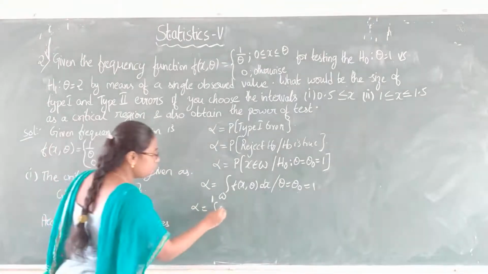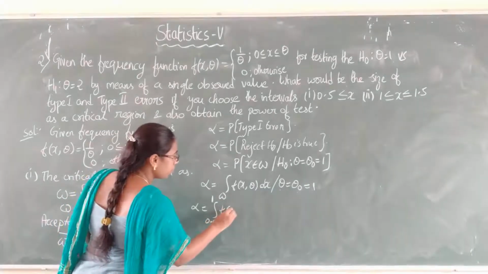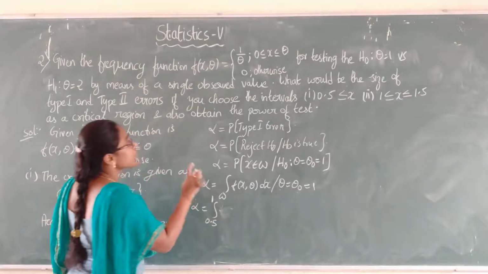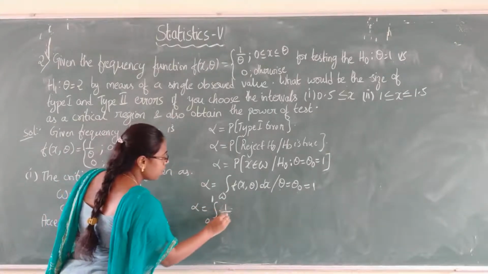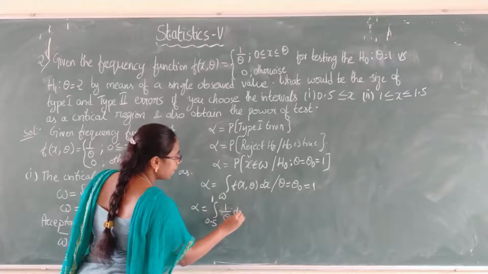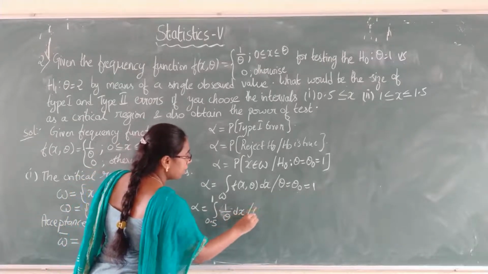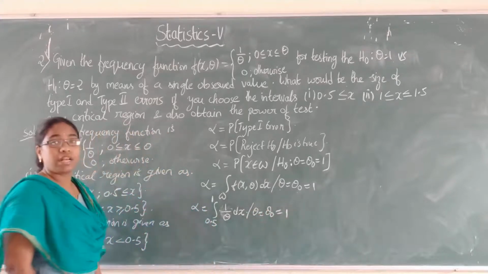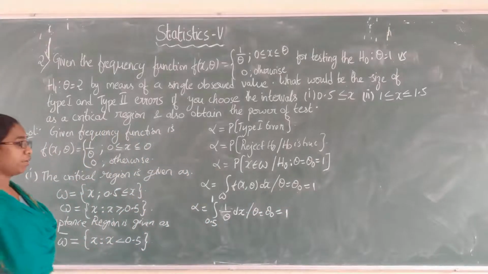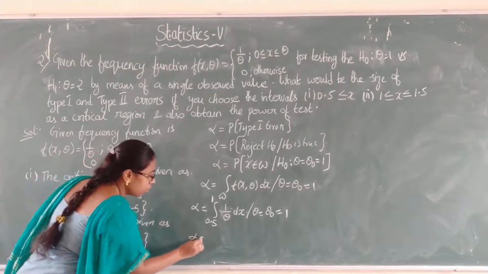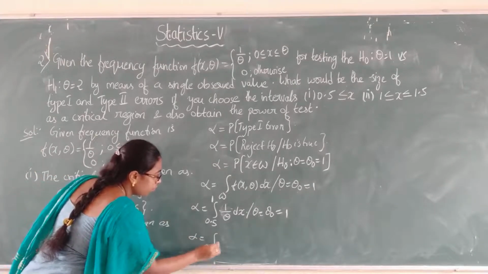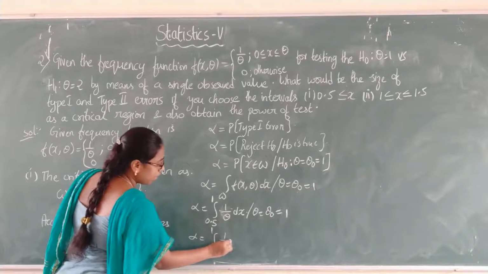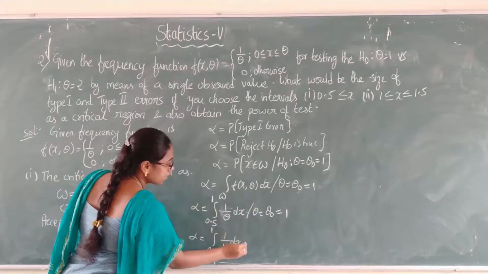1 into f of x. What is f of x? Substitute f of x, that is 1 by theta dx, under theta equals theta naught equals 1. Now substitute the theta value: alpha equals integral from 0.5 to 1 of 1 by 1 dx.